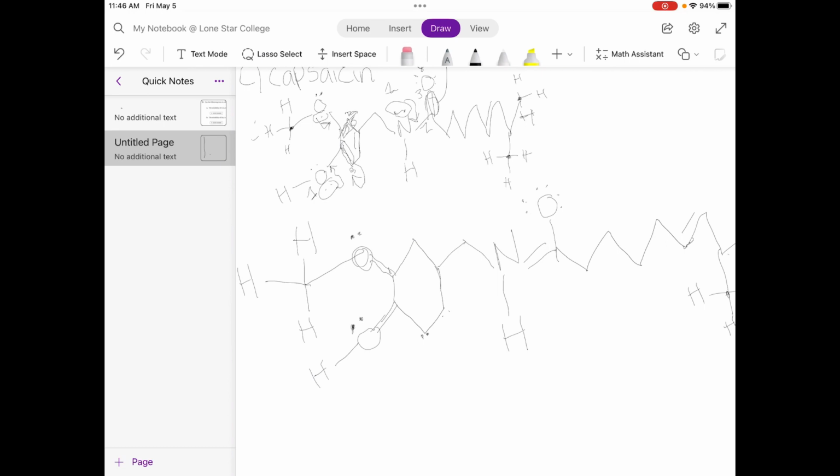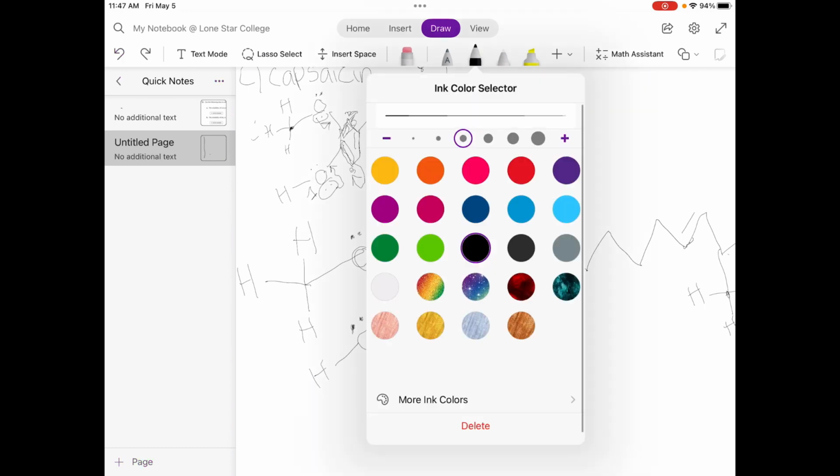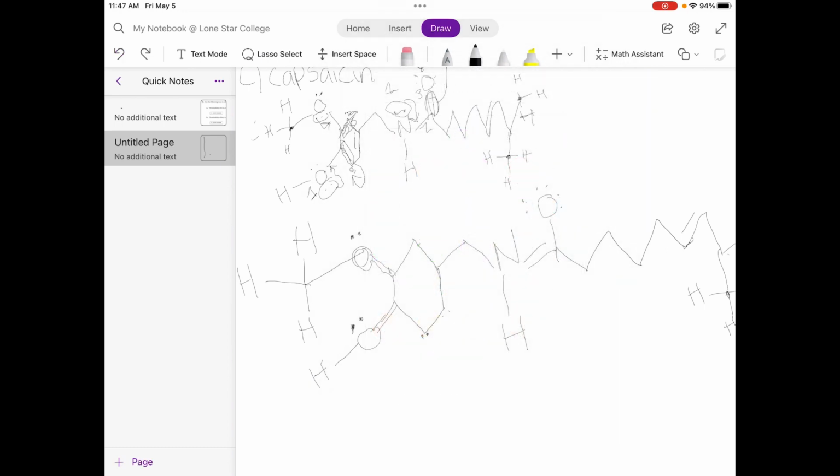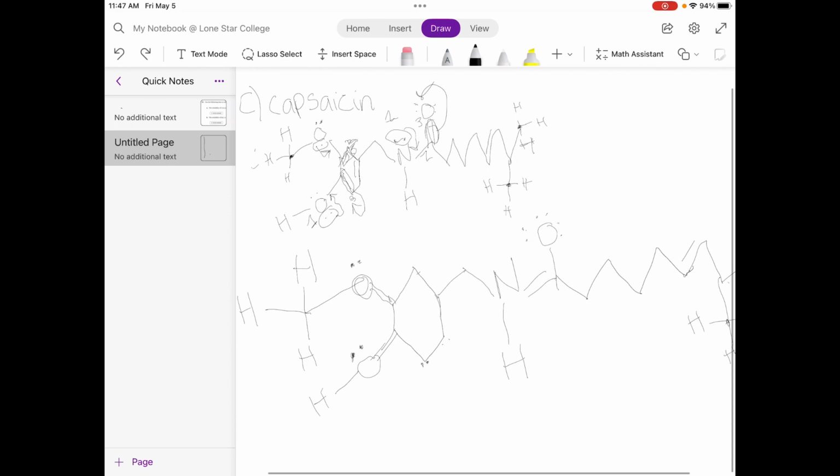To save time, I'm just going to draw it instead of showing. That little line right on the hexagon doesn't mean anything.